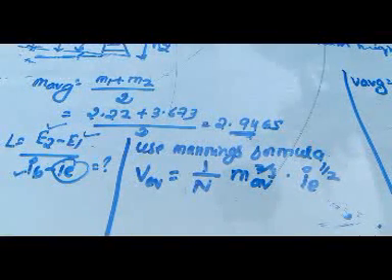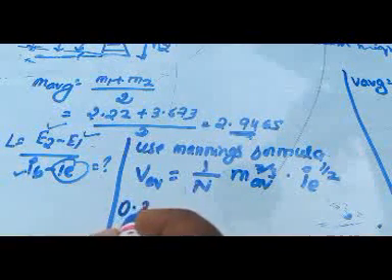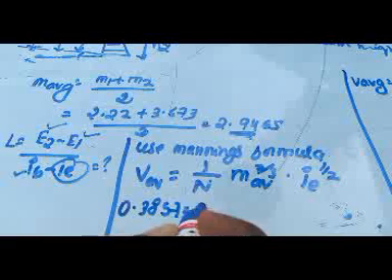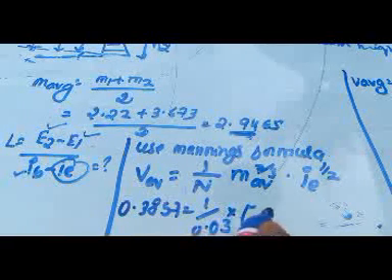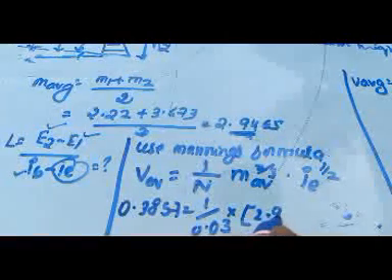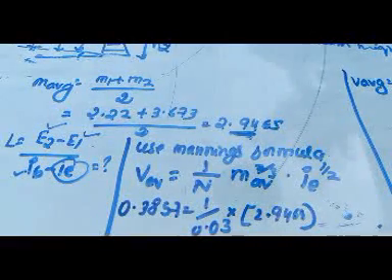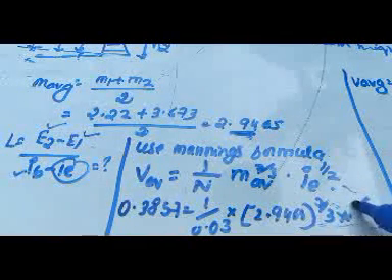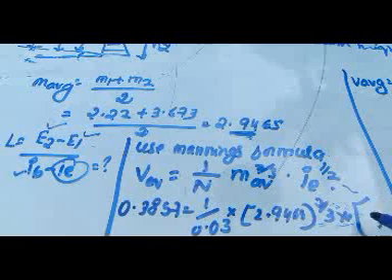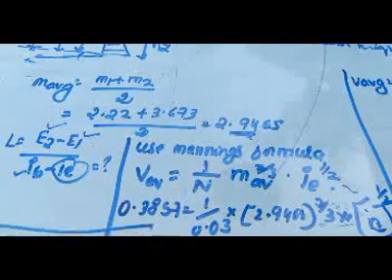So we can write V average is 0.3857, 1 by N is 0.03, M is 2.9465 to the power 2 by 3, and I to the power 1 by 2.